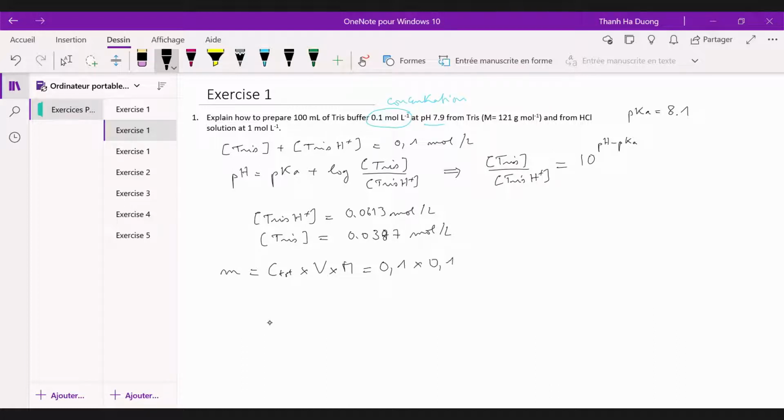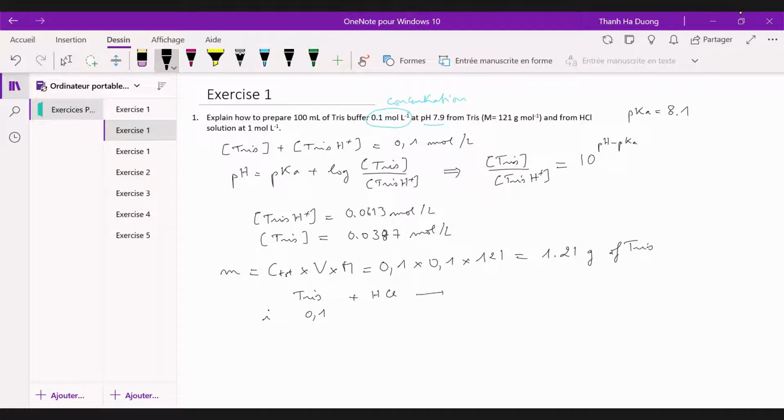If we calculate this, it will be 1.21 grams of Tris. You will put your Tris in water, and at the beginning you will have 0.1 concentration of Tris, and you will add hydrochloric acid.